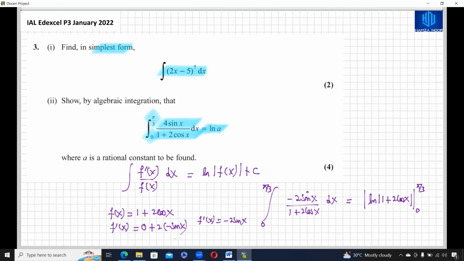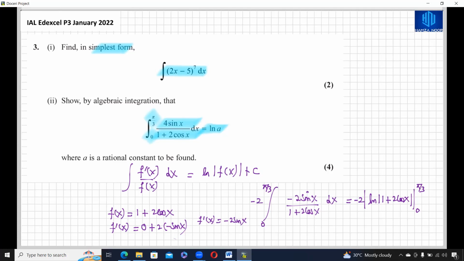But unfortunately, this is not the case happening over here. We don't need minus 2 in the numerator. What we need is 4. What should we multiply minus 2 with in order to get 4? Obviously, we need to multiply minus 2. So we would multiply minus 2 on both sides.